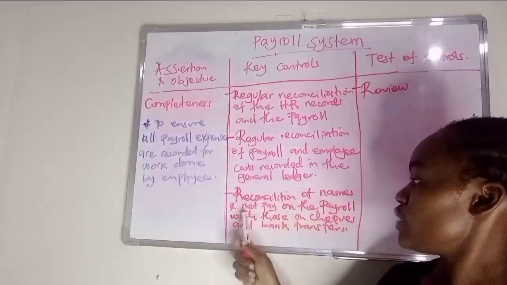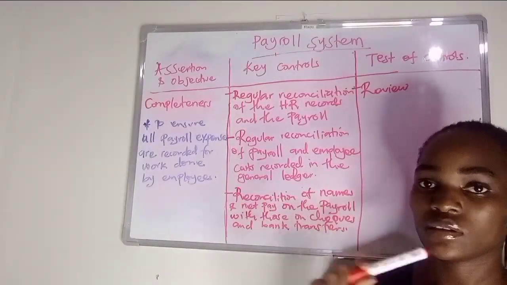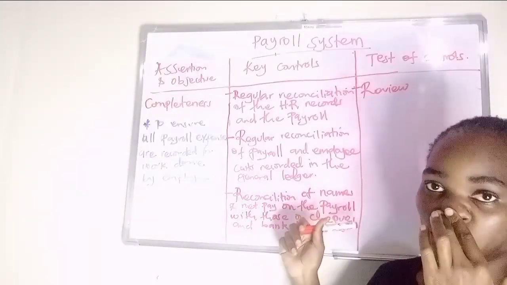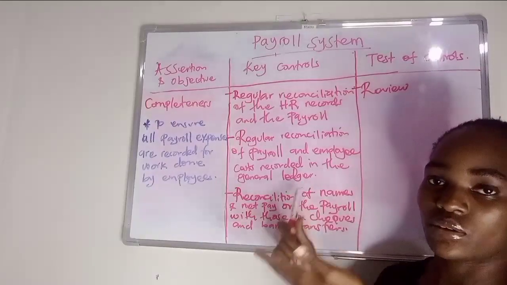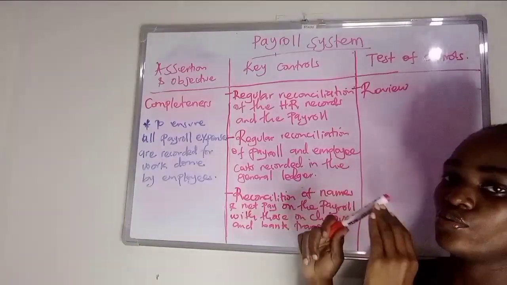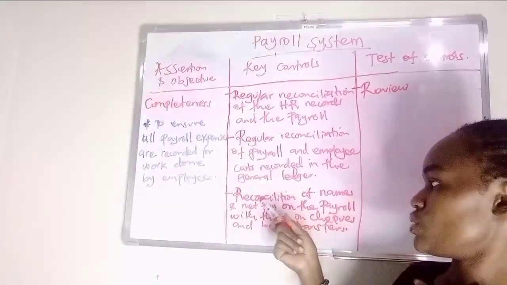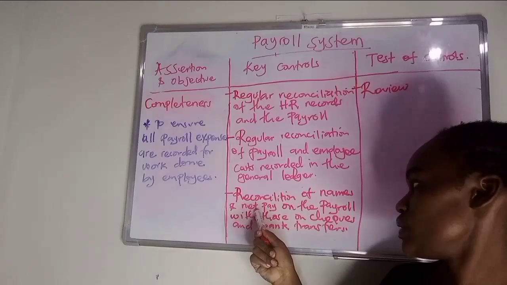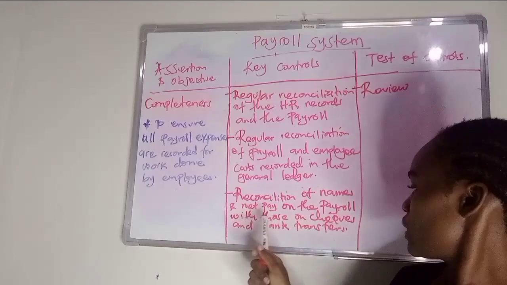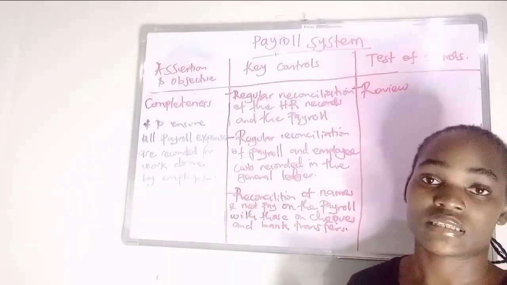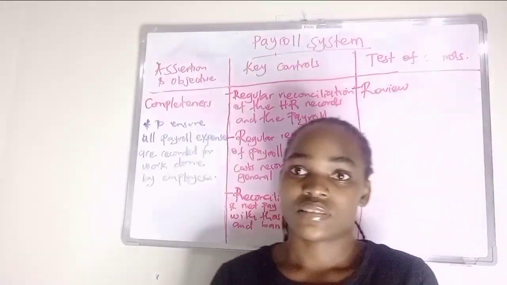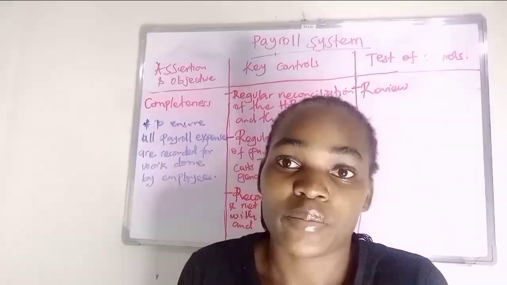So how can the auditor test this kind of control? Same thing, the auditor is just supposed to review and see if there is regular reconciliation of names and net pay on the payroll with those on the checks and bank transfers, and then select a sample and carry out reconciliation. So that is the assertion of completeness.